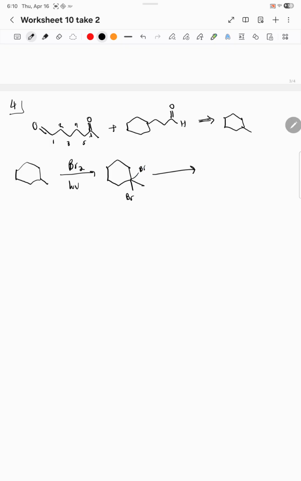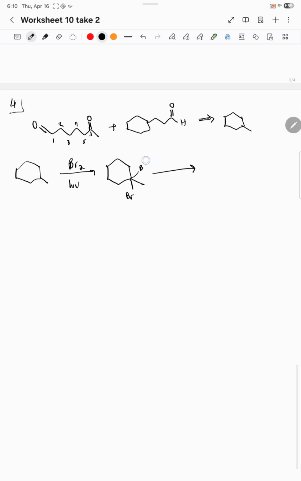So excess bromine would not have given this. Instead, what we can do is reverse the process and then go back to the forward process. We could do elimination.